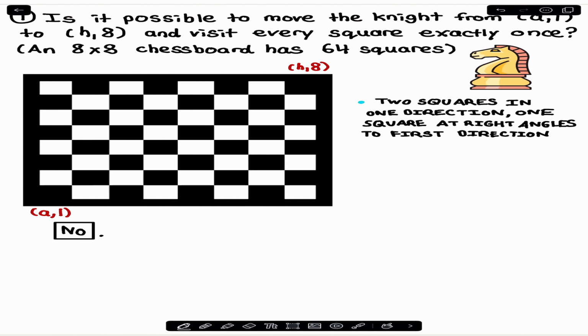But why, right? Because that's the more important question. Why is it not possible? How can we be certain 100% of the time that it's just not possible?